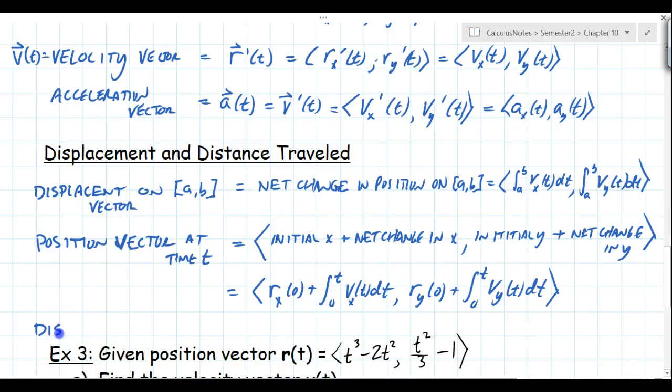And then distance traveled is going to be an integral from a to b of the magnitude of the velocity vector.